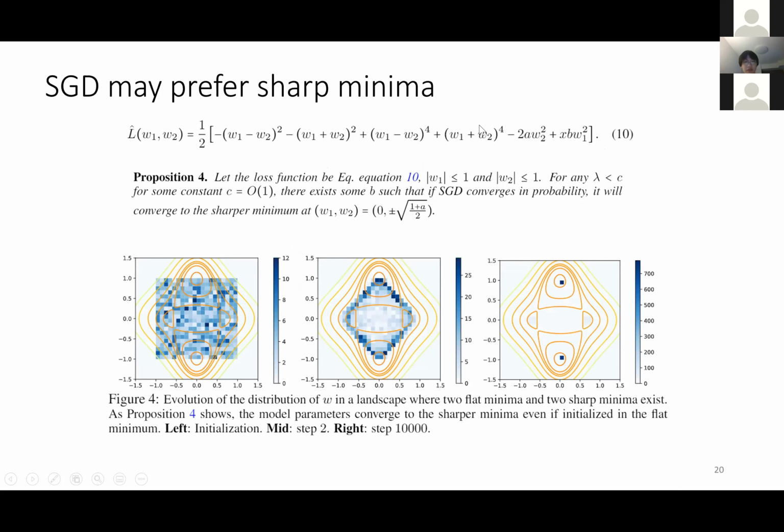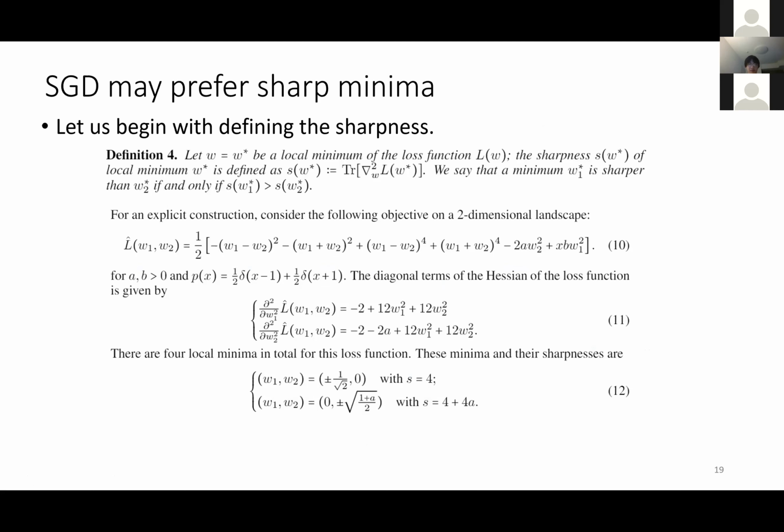Hi, Ziyin, I have one question. Yes, please. In this definition, could you explain a bit more the intuition? I don't understand well. Oh, so first of all, because we have a local minimum, all the eigenvalues of the Hessian are positive, right? And usually we say that a local minimum is sharper if its curvature is large.